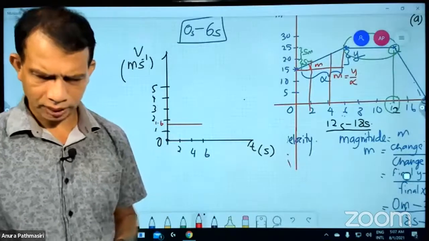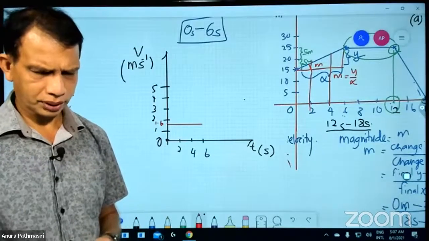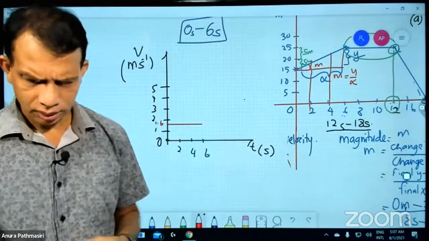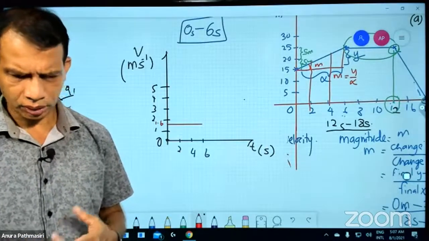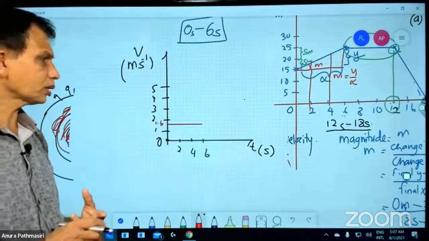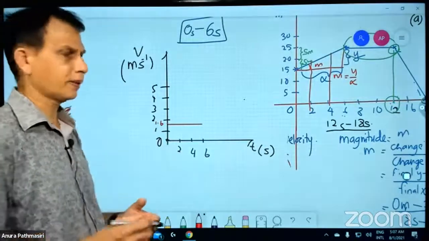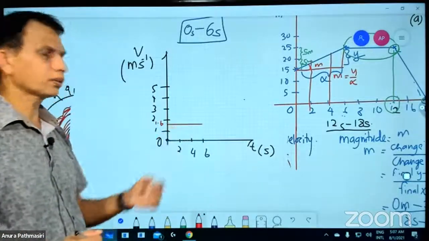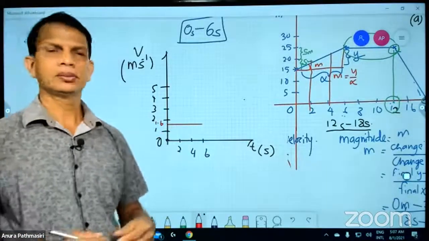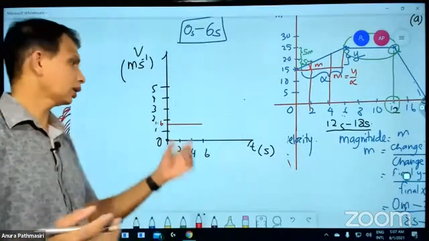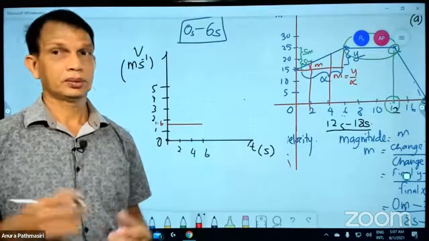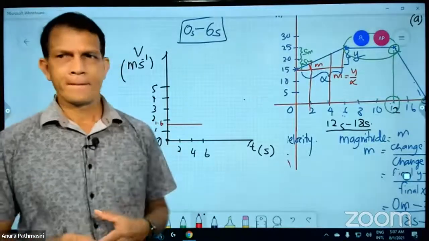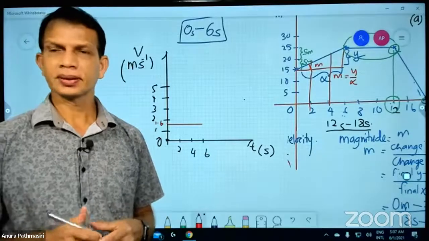Draw a velocity time graph for the magnitude from 0 second to 6 seconds. What can you tell about the resultant force acting on the object between 0 second and 6 seconds? Well, if the object moves with constant velocity, what is the resultant force acting on that object?